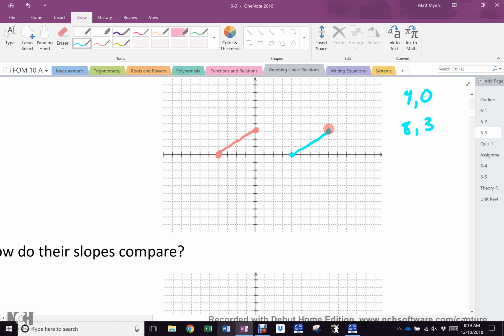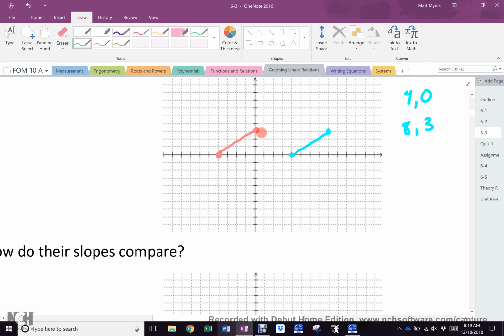Now, all of you should recognize that that second line is the exact same line as here, just slid over to here, yes? Everybody understands that? So since it is the exact same line, I know that it will be parallel, right?